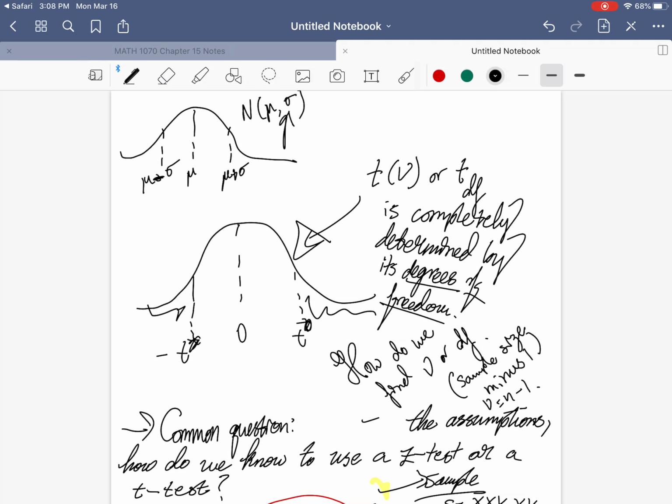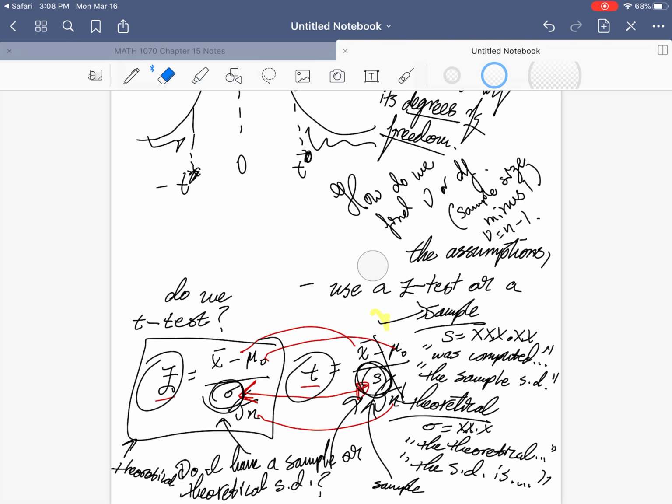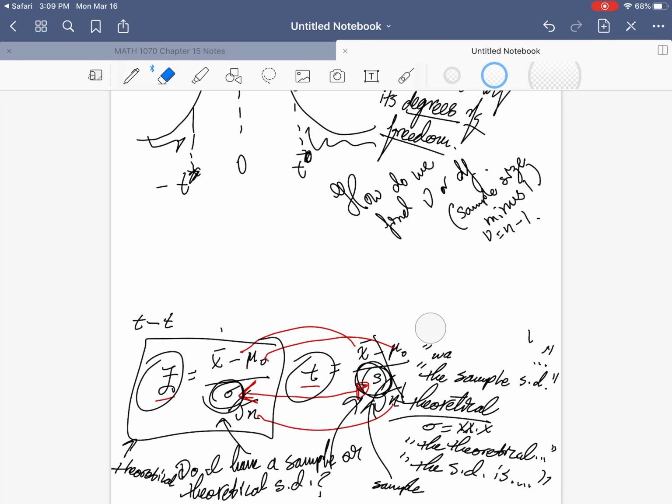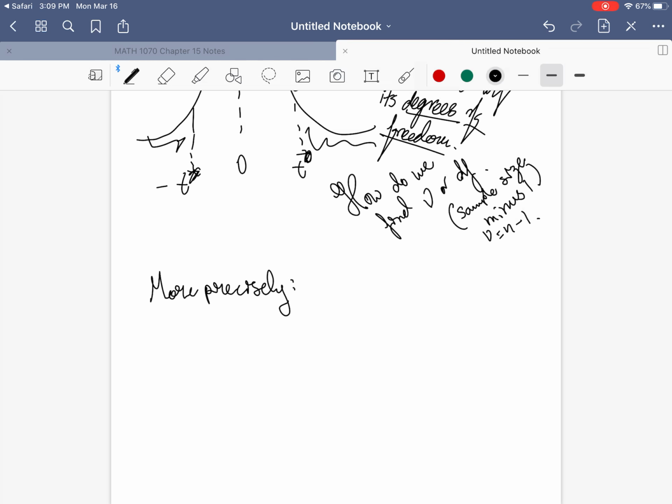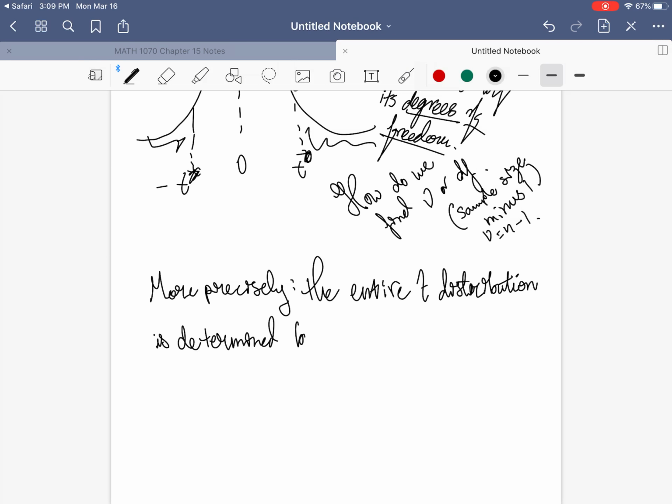That is, more precisely, the entire t distribution is determined by its degrees of freedom.